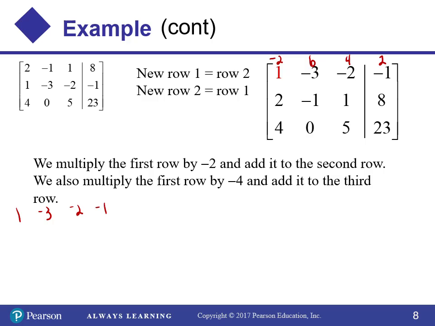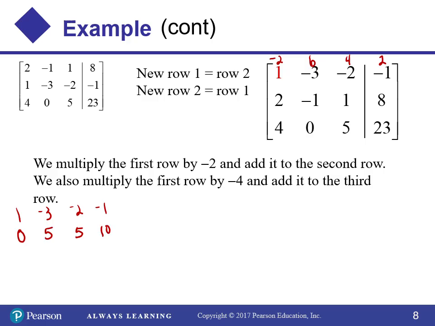Then I add these two and write that as my new second row. I end up with a 0 in this position. 6 and -1 gives me 5. 4 and 1 gives me 5. And 2 and 8 gives me 10.